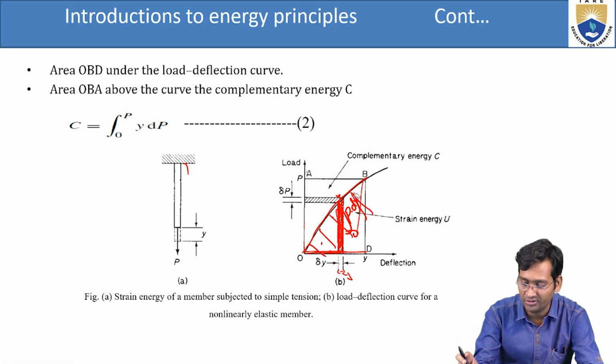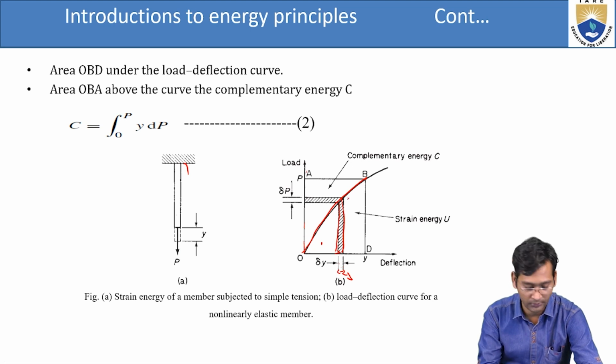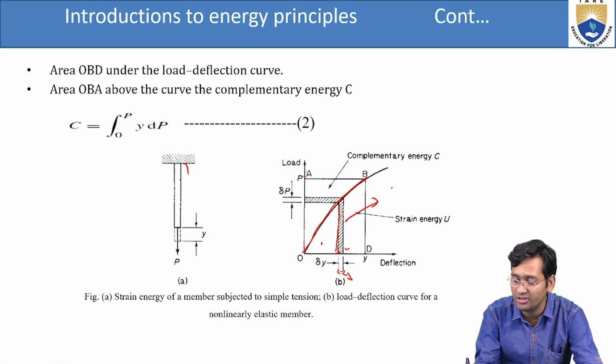Now let's see here once again. For the strain energy, what have we taken? Just a small elemental strip of length y, which can be anywhere from here up to this. So P will be there. This is the length, you can say P, and this is y. For this small elemental strip, what will be the strain energy? That is P into dy or del y.